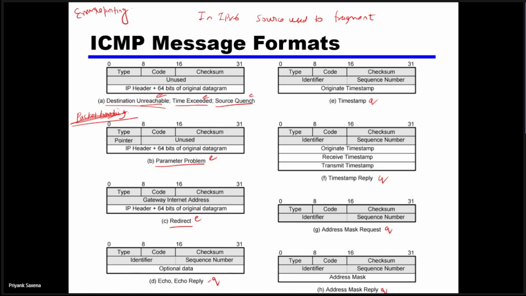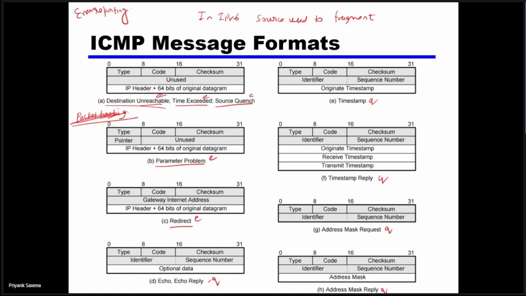You should use the other way to reach this particular destination. This is a minimum cost route, or this is a better route, right? So that it will be redirecting the source, right?